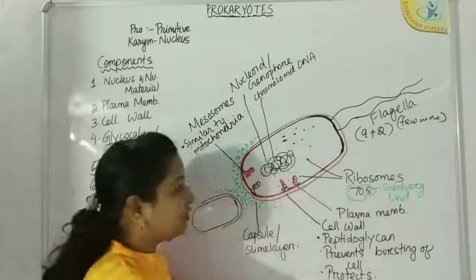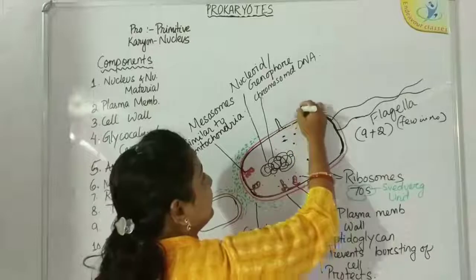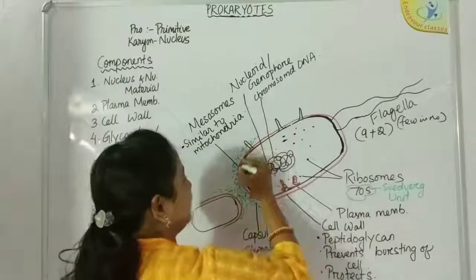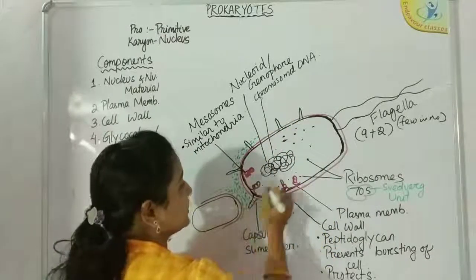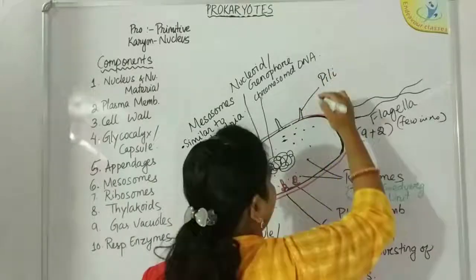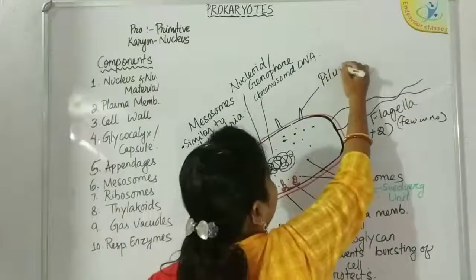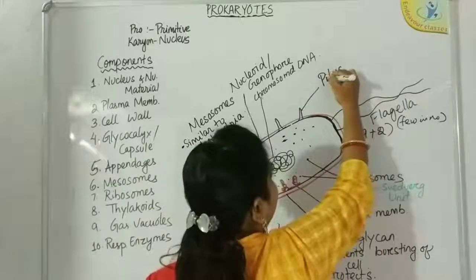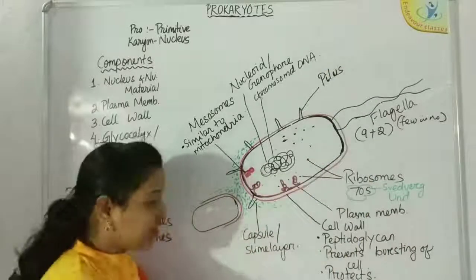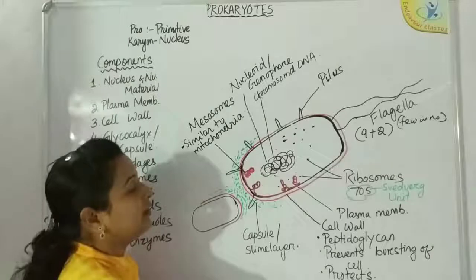There is one more type of appendage, the pili, also called sex pili. Singular is pilus. These help in the exchange of genetic material during the process of conjugation.